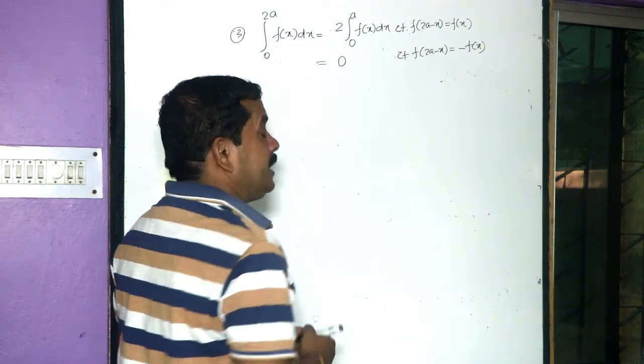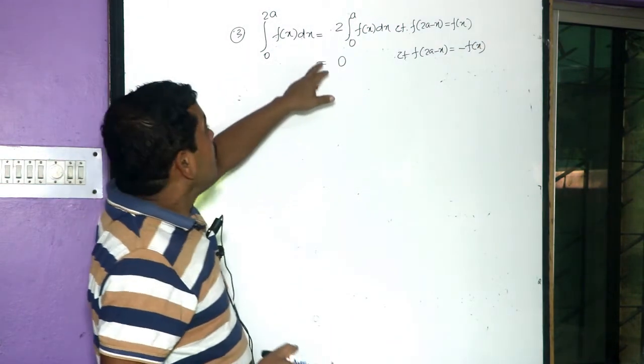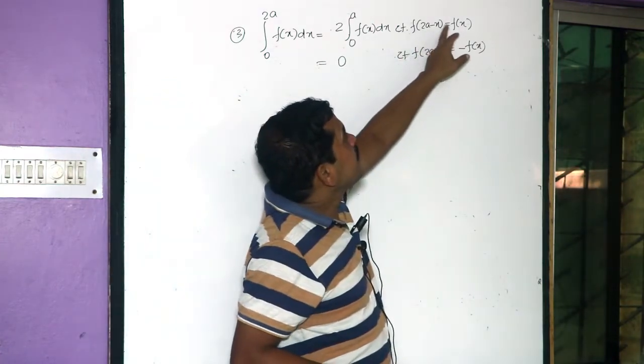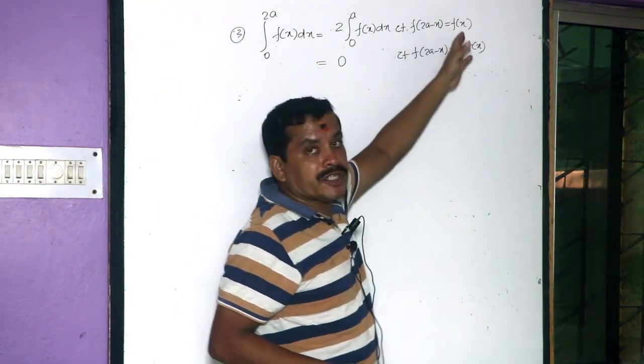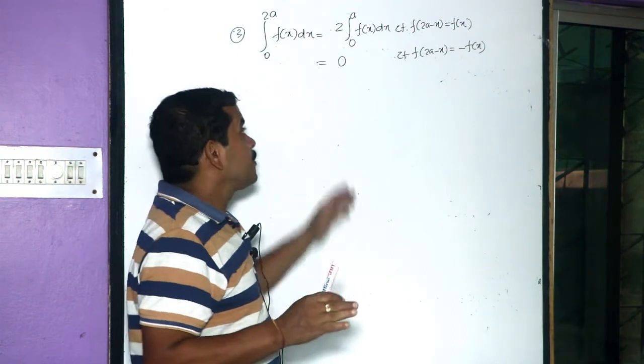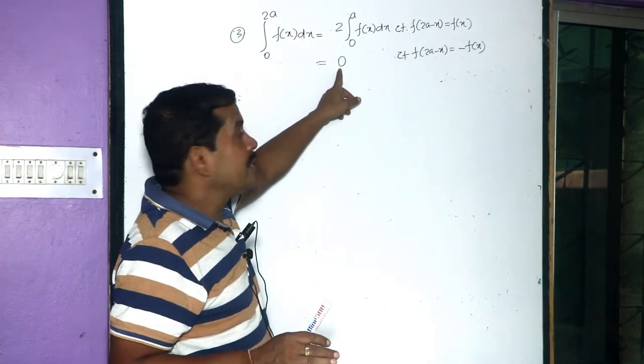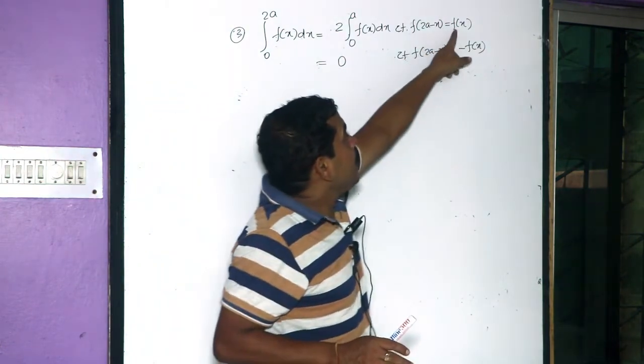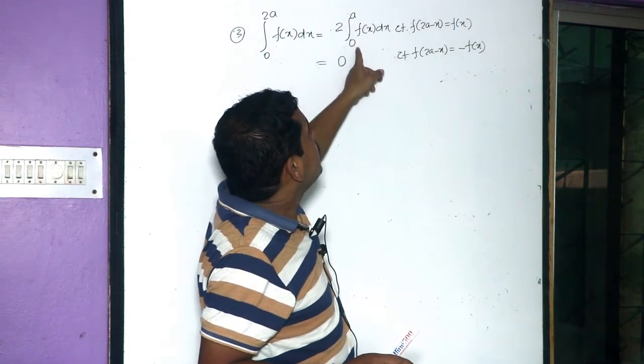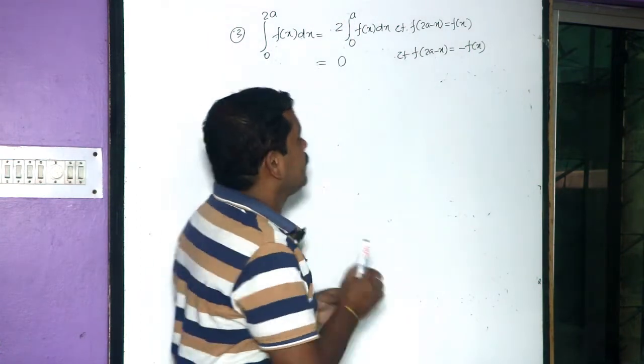The value of the integration depends upon whether f(2a minus x) is minus f(x) or plus f(x). If it is minus f(x), then its value is directly 0. And if it is f(x), then it will be 2 times the integral from 0 to a of f(x) dx.